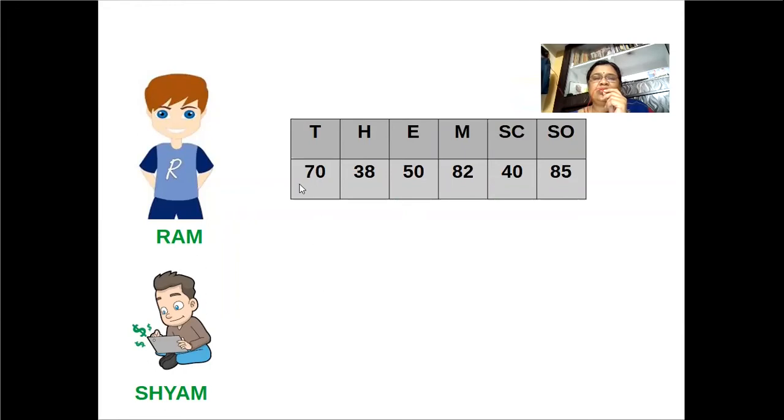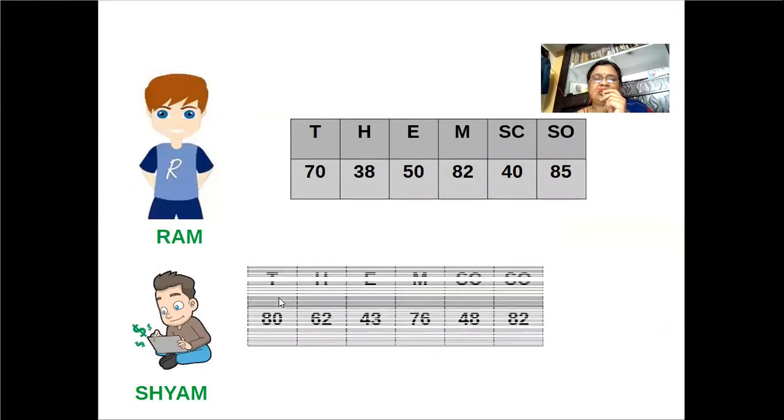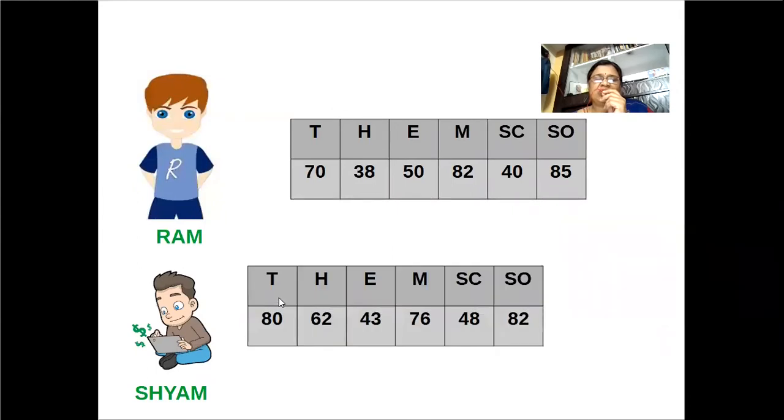Like in Telugu, Ram has got 70 marks, Hindi 38 marks, English 50 marks, mathematics 82, science 40, social 85. Whereas Sham got in Telugu 80 marks, Hindi 62 marks, English 43 marks, mathematics 76 marks, science 48 marks, and social studies 82 marks.